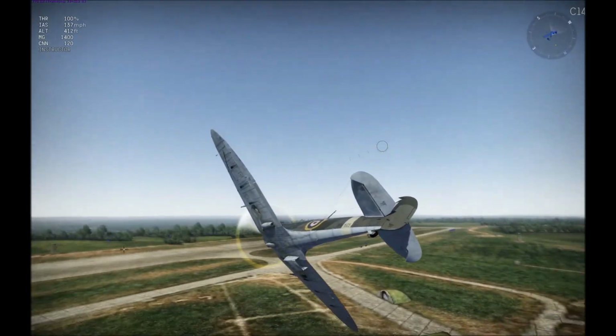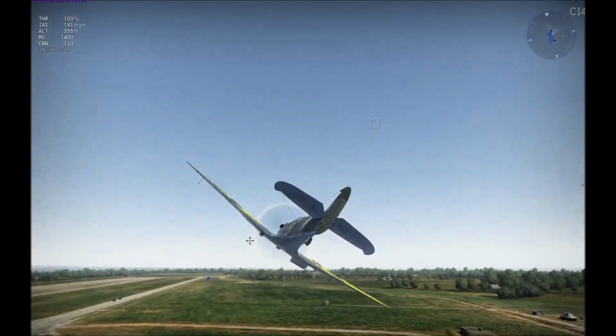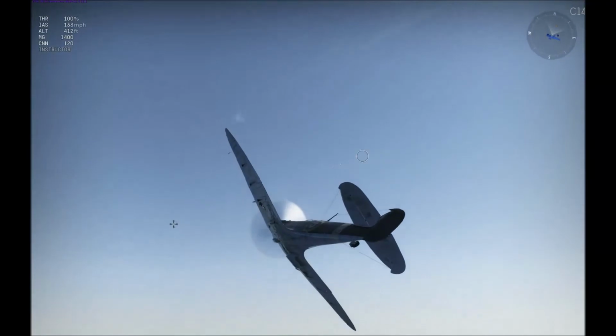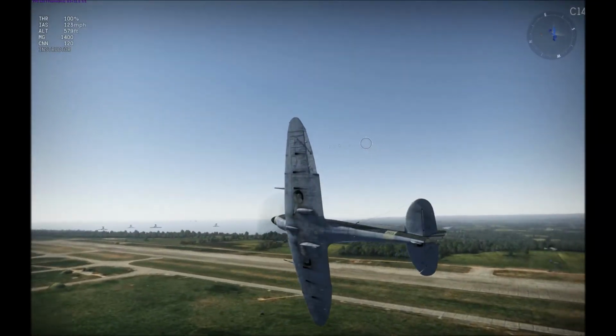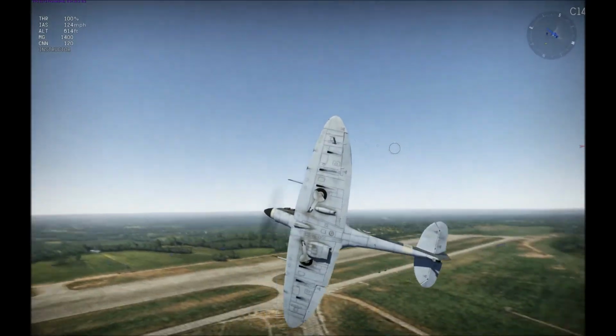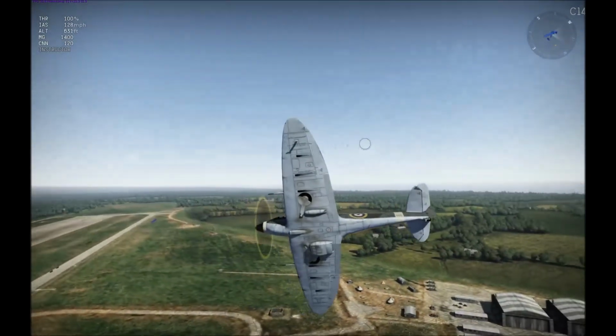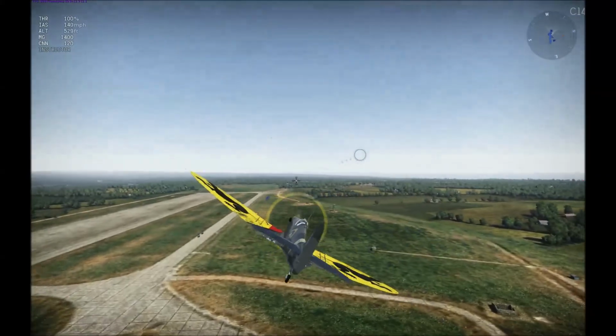The game is actually trying to compensate by leveling the plane out, because we just can't maintain flight straight sideways anymore. I can make it do it if I want to. See, now I'm way away. 125 now. So I've lost all that speed.